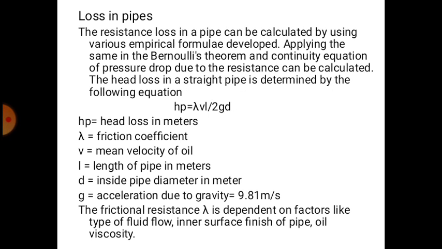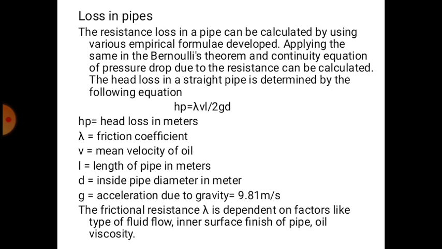Losses in pipes. The resistance loss in a pipe can be calculated by using various empirical formulas developed. Applying the same in Bernoulli's theorem and the continuity equation, the pressure drop due to resistance can be calculated. The head loss in a straight pipe is determined by the following equation.